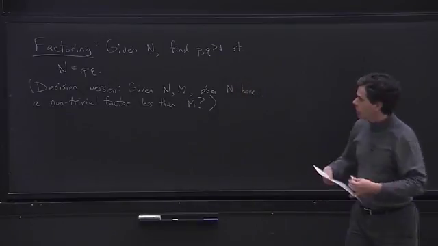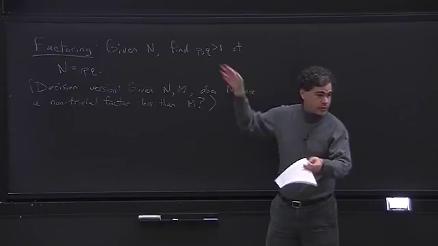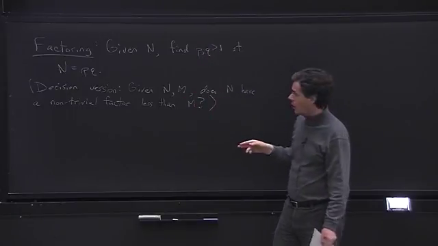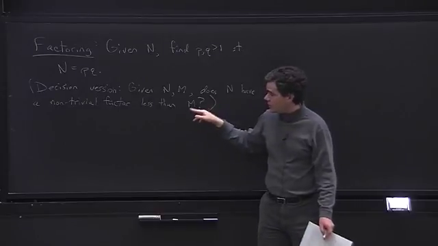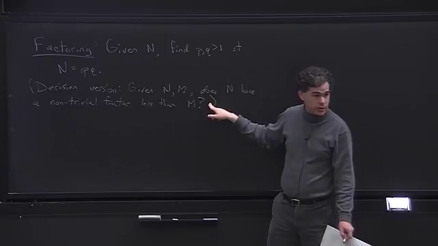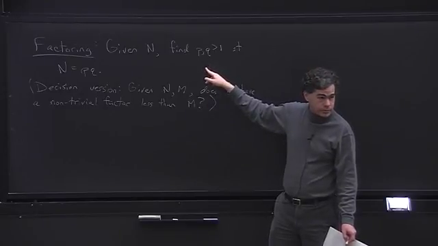OK? So clearly, if you can answer this question, you can answer the factoring one, because you find the prime factorization, and then you see if any of those prime numbers are less than m. On the other hand, it's not difficult, given this decision version, to answer the factoring question. So how would you do that?